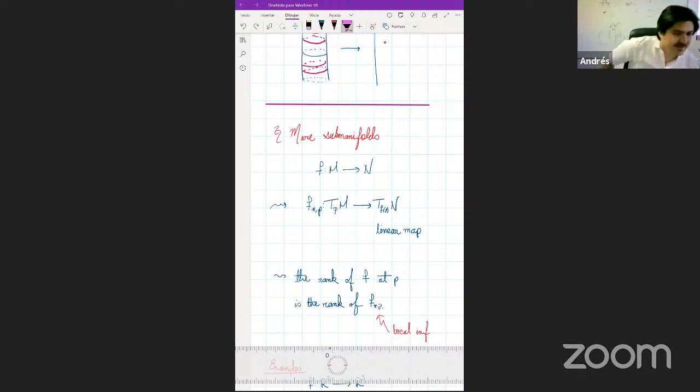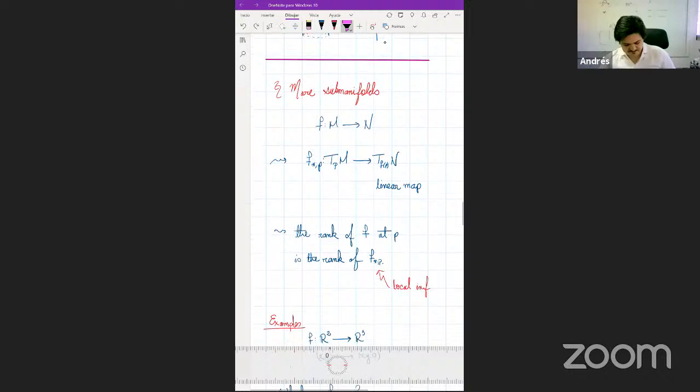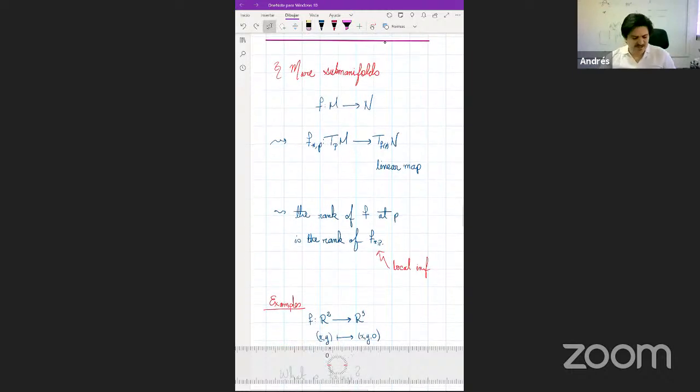Okay, so before stating the theorem, I'm going to review a couple of examples that are very good to know. I'm going to make very particular maps just to show you something nice and then what can go wrong.